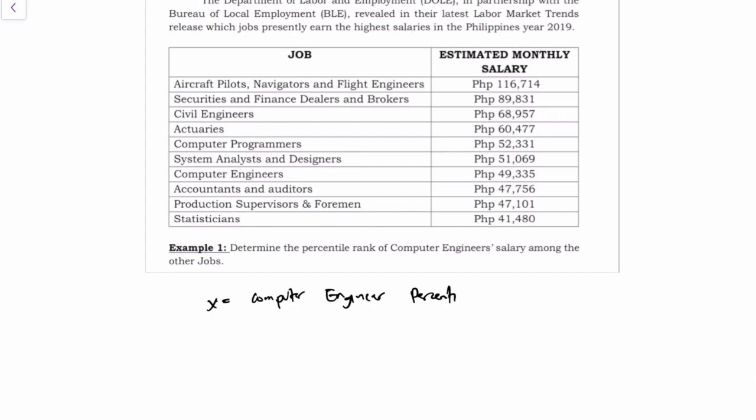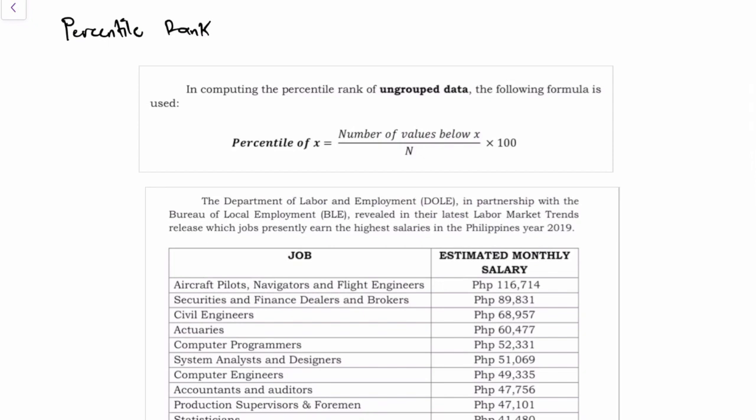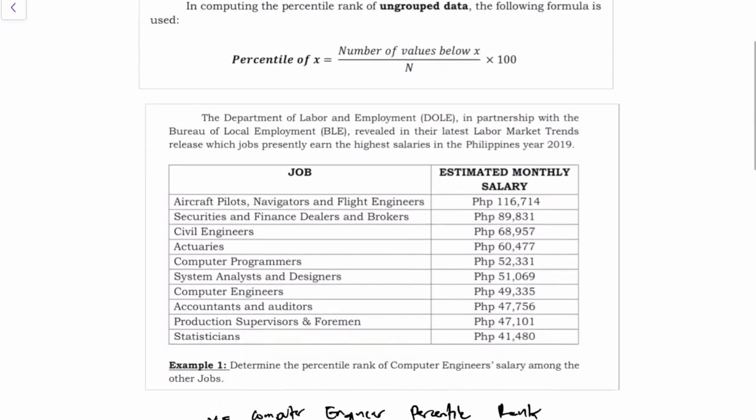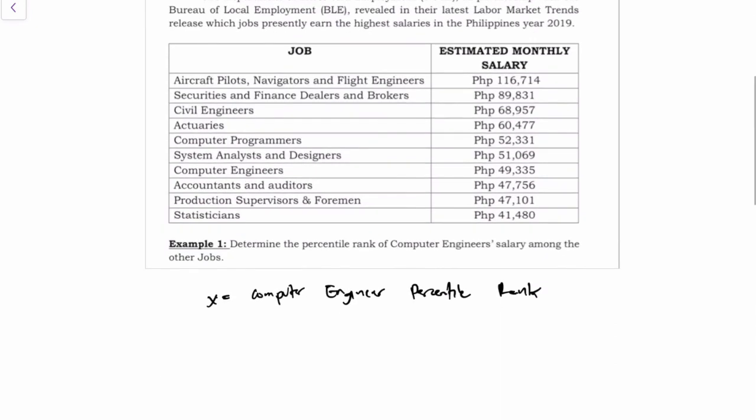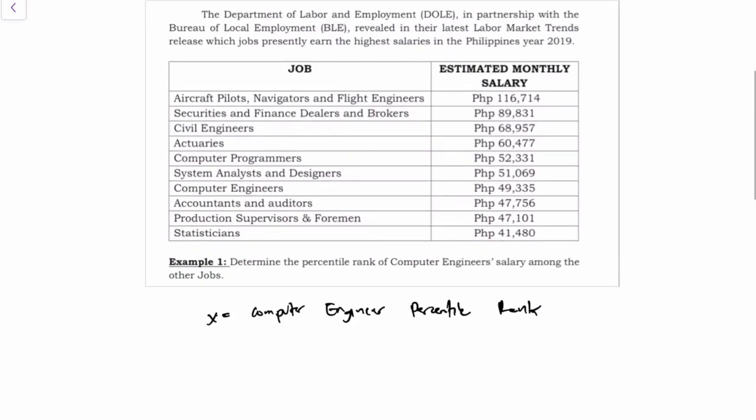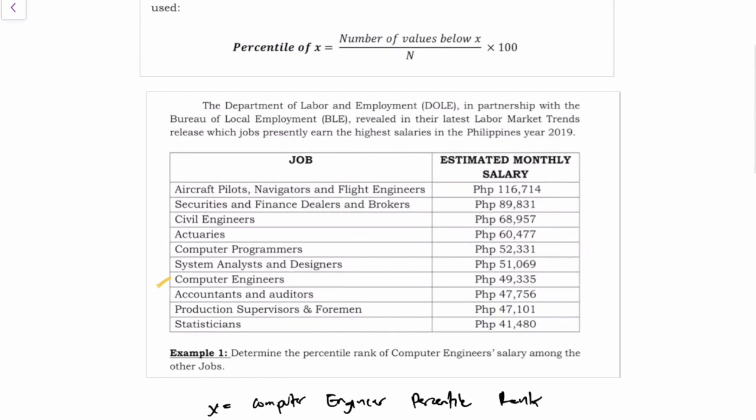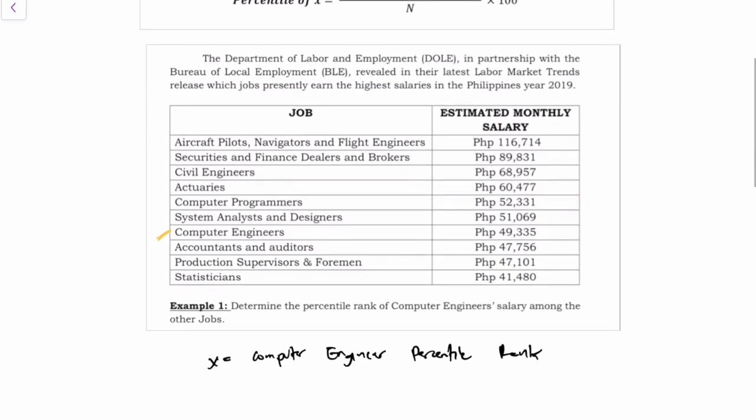We need to determine the number of values below x, and we also need to determine the value n. Now, we have here computer engineer, I highlight it with yellow here. So, the numerator of the formula is the number of values below x. So, let's count the number of values below x.